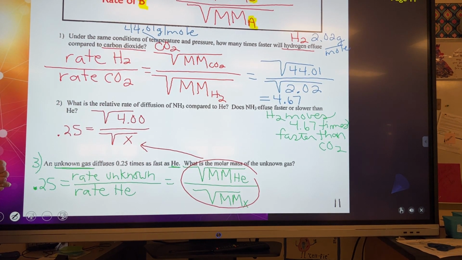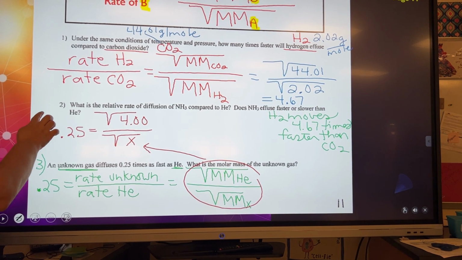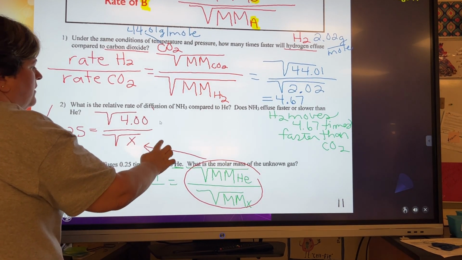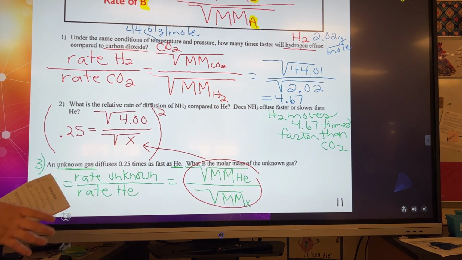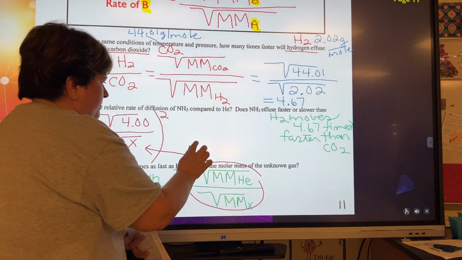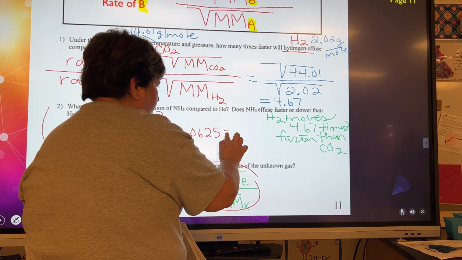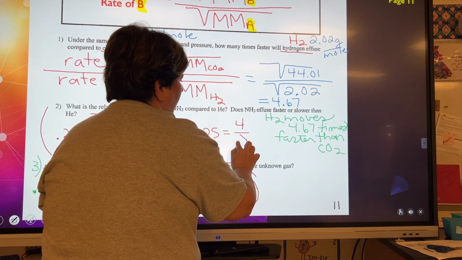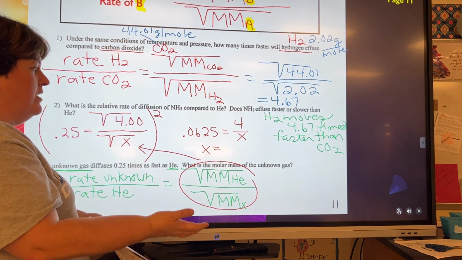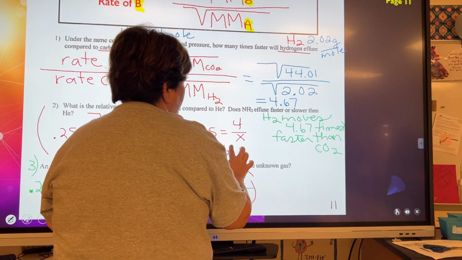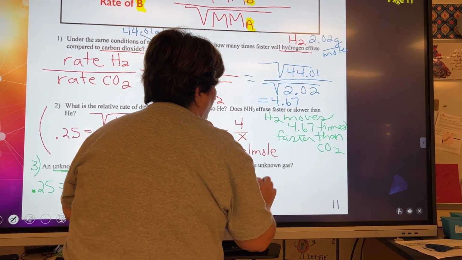Now, square root of x, that's giving me the creepies. How can I get rid of square roots? I hope you're saying, hey, let's square the whole thing. Okay, so when I square the whole thing, I'm going to get 0.0625 equals 4 over x. So my x, my unknown gas, is going to have a molar mass of 64.64 grams per mole. Okay?